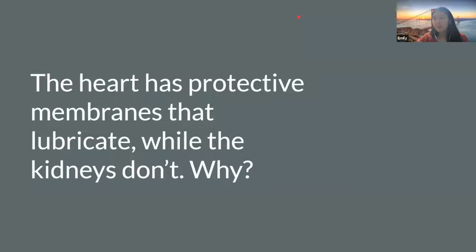We just talked about the pericardium, but I'll tell you right now that the kidneys don't have something similar to this. Why do you think the kidneys don't have this while the heart does need this? What do you know about the functions of the kidneys versus the heart that can give you some information about why you might need lubrication and protective membranes over the heart, but not the kidneys?